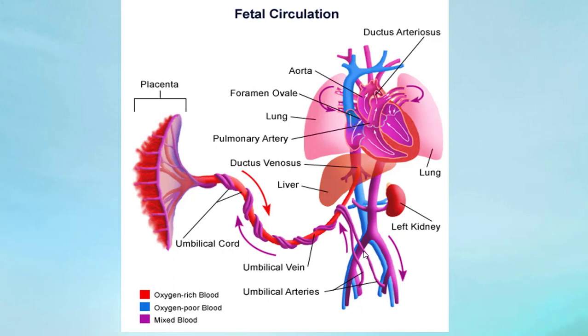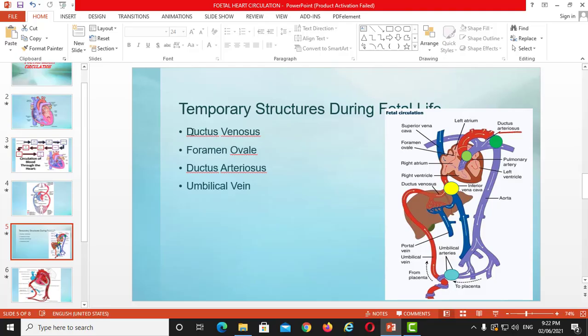Before that, we have to see some structures. These are structures we know. Ductus venosus: when the umbilical vein enters the liver, in the liver the umbilical vein and inferior vena cava join, that is called ductus venosus.